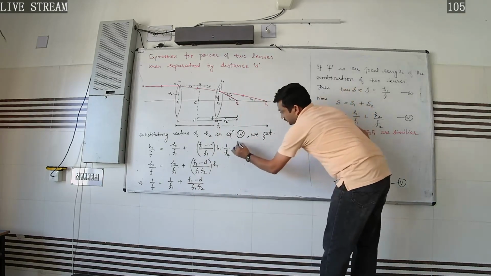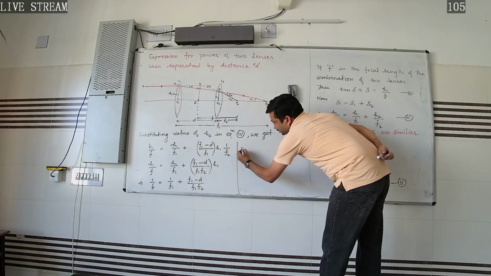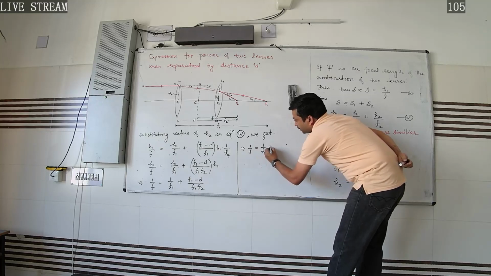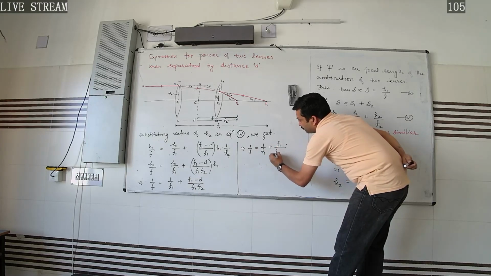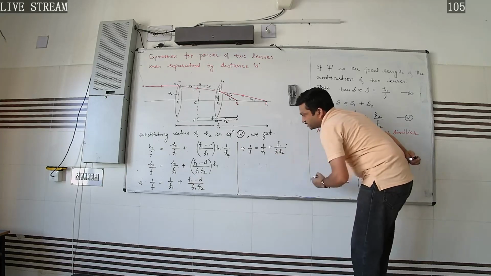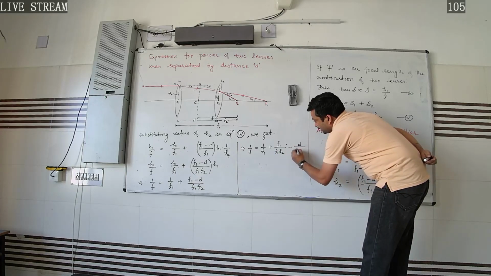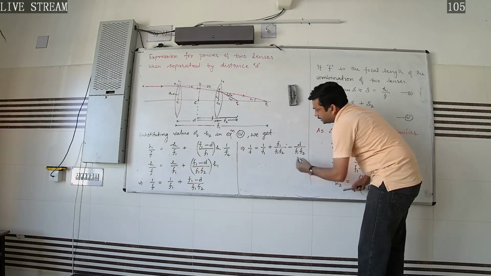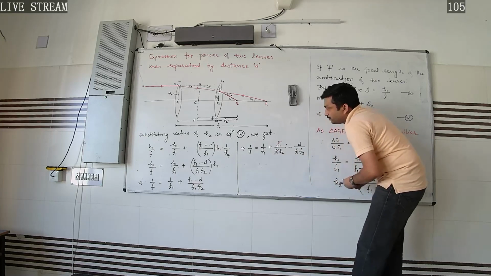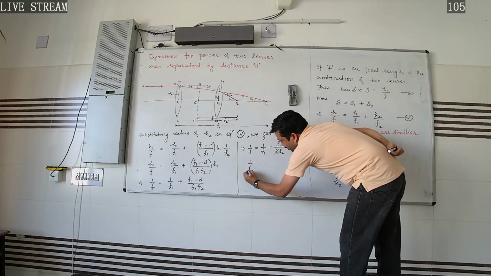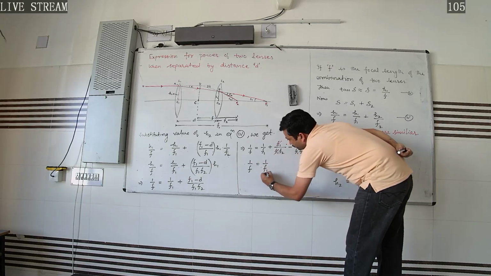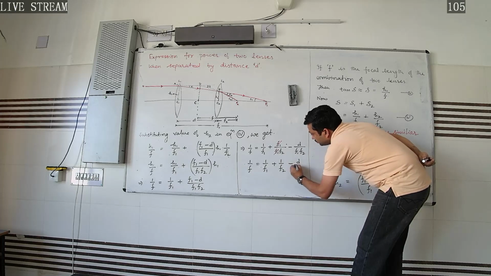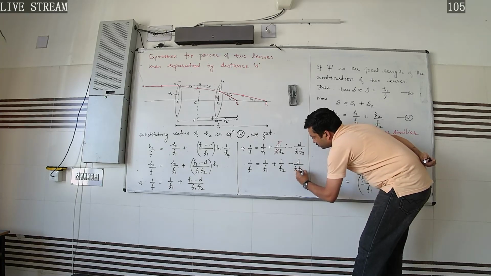Or in the next step we can write it as 1 by F is equal to 1 by F1 plus F1 over F1 into F2, by breaking this fraction, minus D over F1 into F2. Here this F1 and F1 will get cancelled out, and in the next step we get 1 by F is equal to 1 by F1 plus 1 by F2 minus D over F1 into F2.